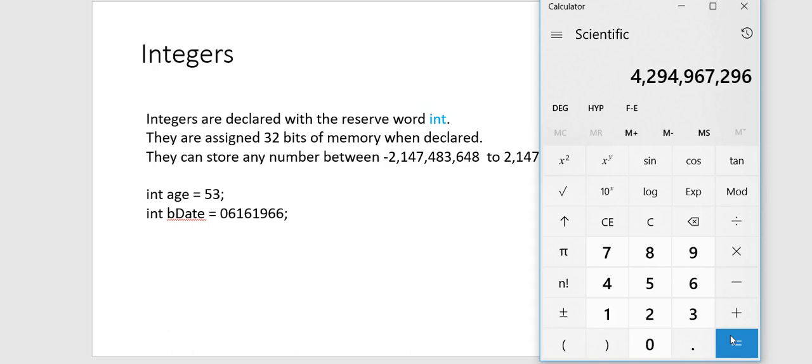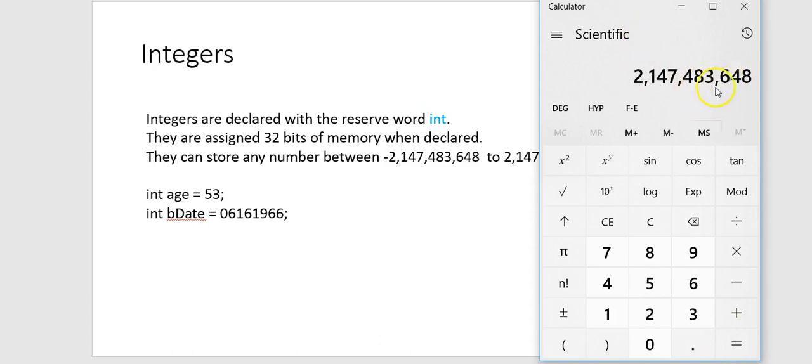And if I want to store numbers, that's how many different numbers I can store. Well, about half of those numbers are going to be negative and about half are going to be positive. So what I need to do is divide that value by 2.